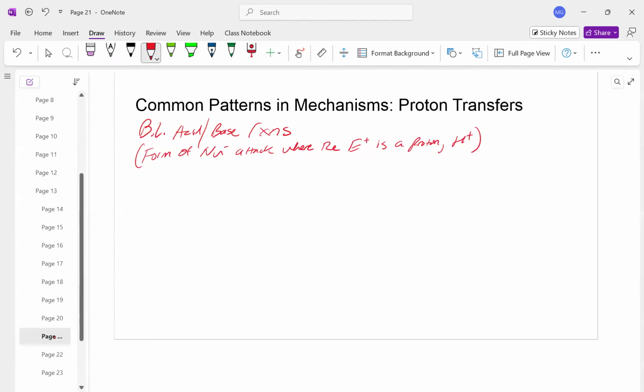Now, you're not always going to see H plus specifically, but you'll typically see hydrogen bonded to something else. So in this case here, we have an alcohol and hydronium.